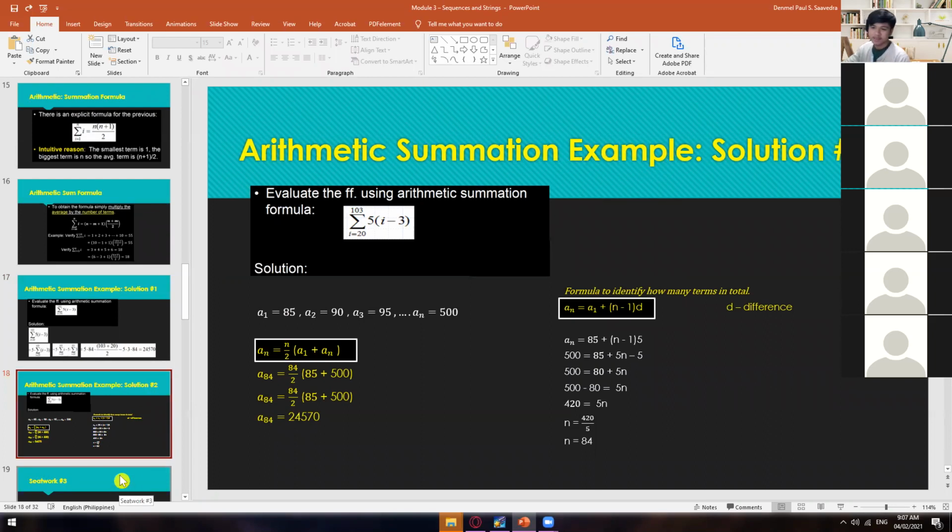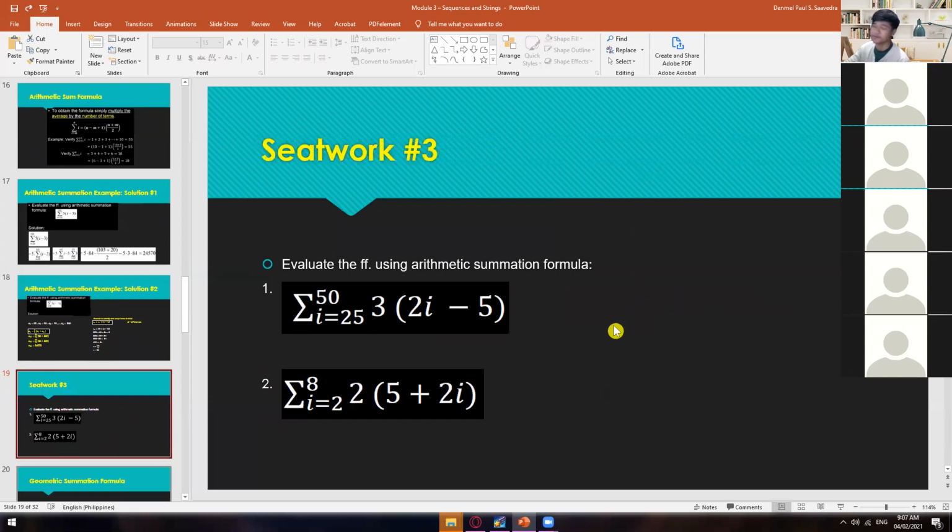All right. So once you're done understanding those given examples and concepts, you're going to have a seat break, of course. So this is your seat break number 3. Evaluate the following using the arithmetic summation formula. Your starting number is 25 up to 50. So here's the formula: 3 times 2i minus 5.